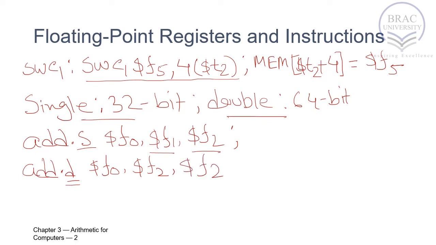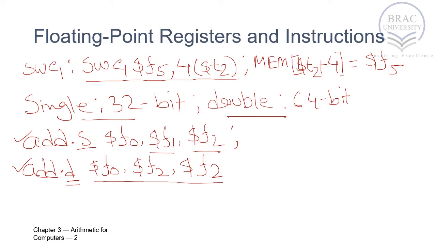Now, what is the difference between the add dot s instruction and the add dot d instruction? Both of them are adds, and we did not have any variation when we are writing the registers. We did not find any variation. So, what is the difference?